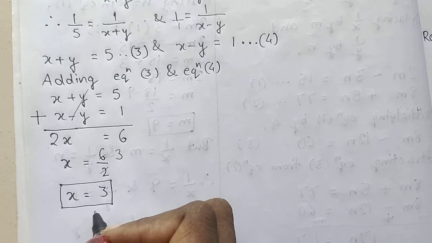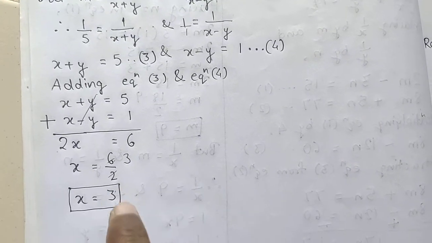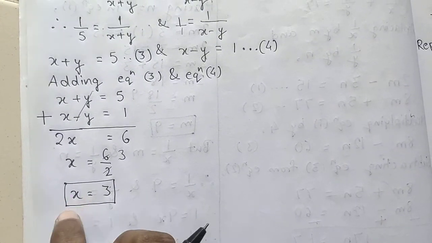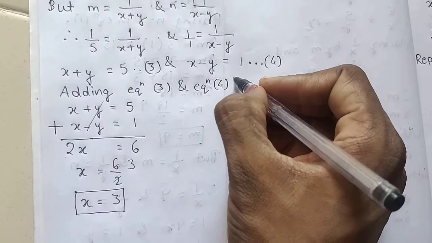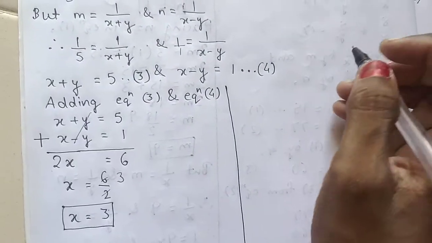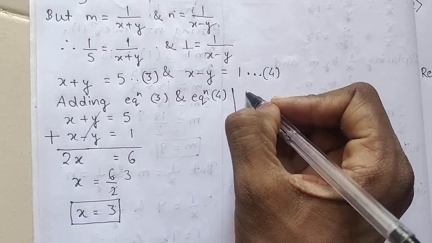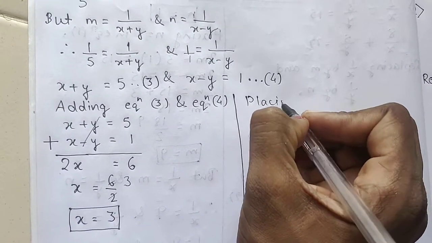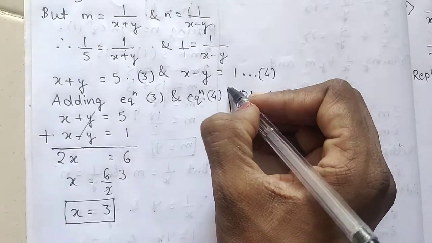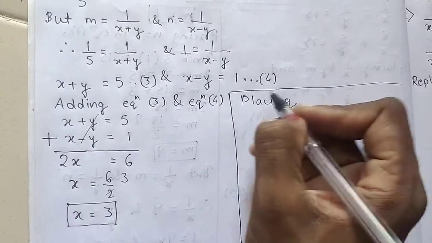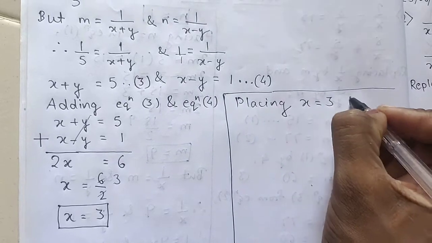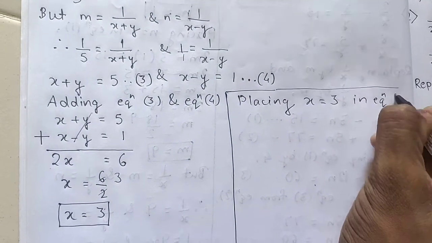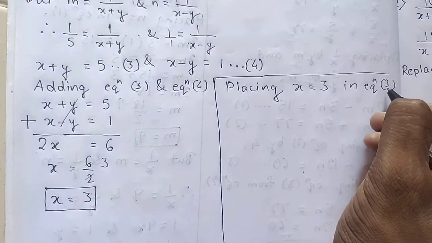Now we want to find out the value of y. For that purpose, let us put the value of x in equation number 3. Okay, so placing x is equal to 3 in equation 3.